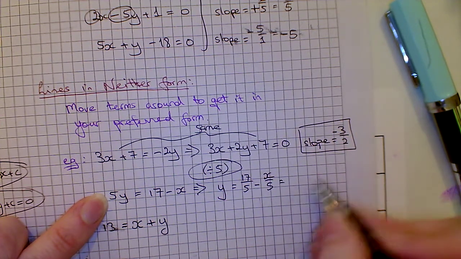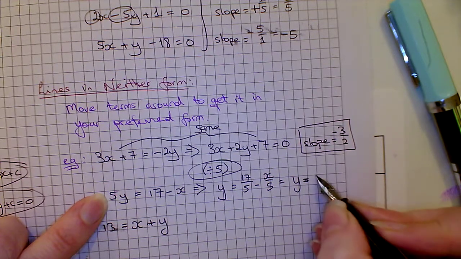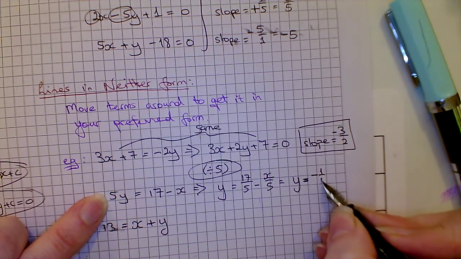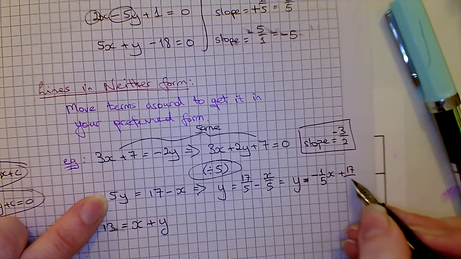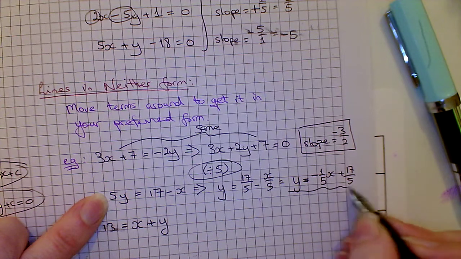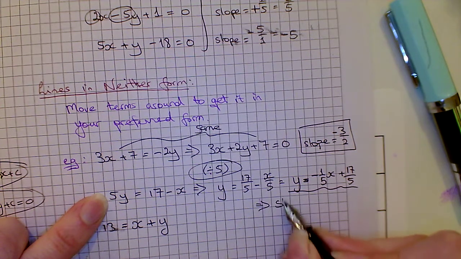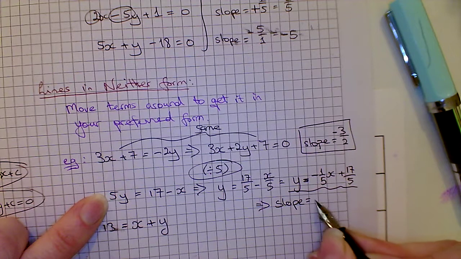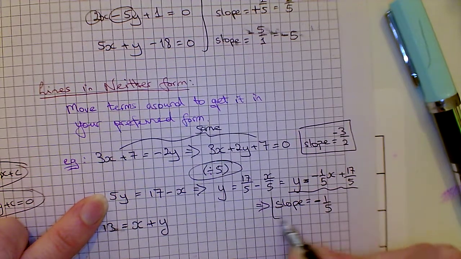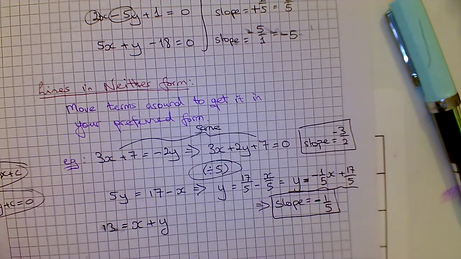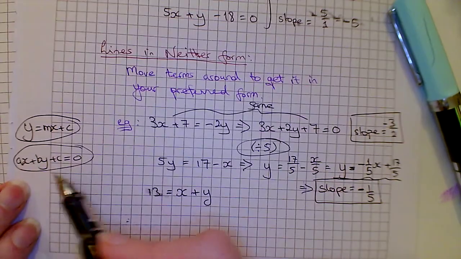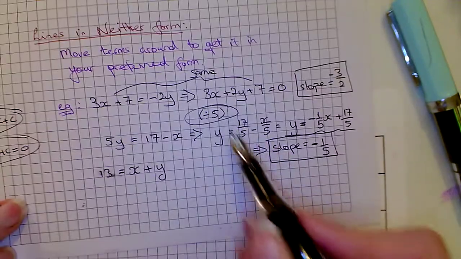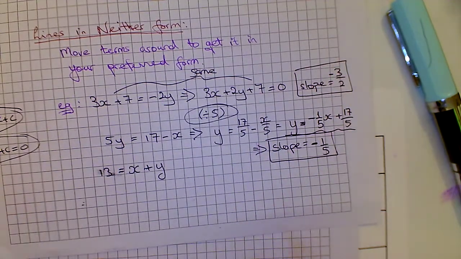That's the same as y equals minus 1 over 5 times x, minus a fifth x plus 17 over 5. And now this is in the form y equals mx plus c, so we can say that the slope is the x coefficient. It is minus a fifth. So that's another way of doing it. To be honest, I think it's easier to get it in the form ax plus by plus c equal to 0, because you only get a fraction on the last step, but you can choose whichever way you prefer.